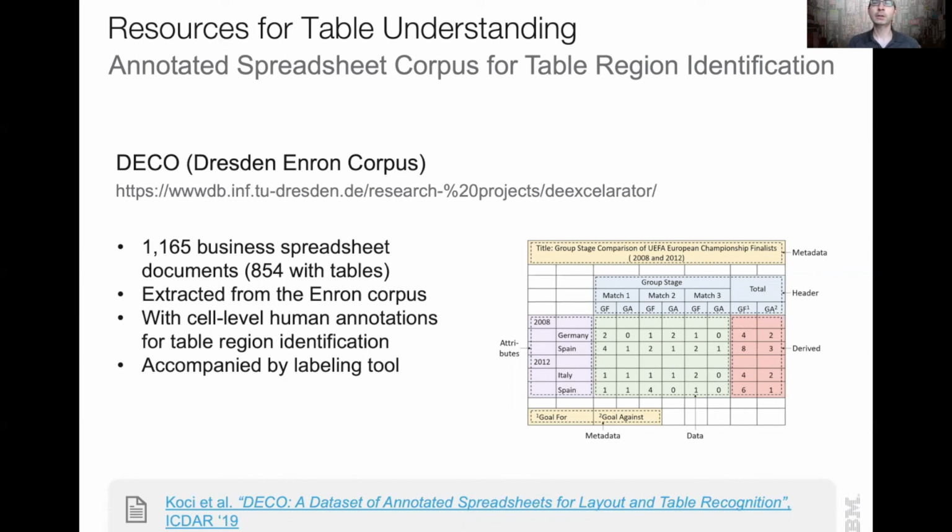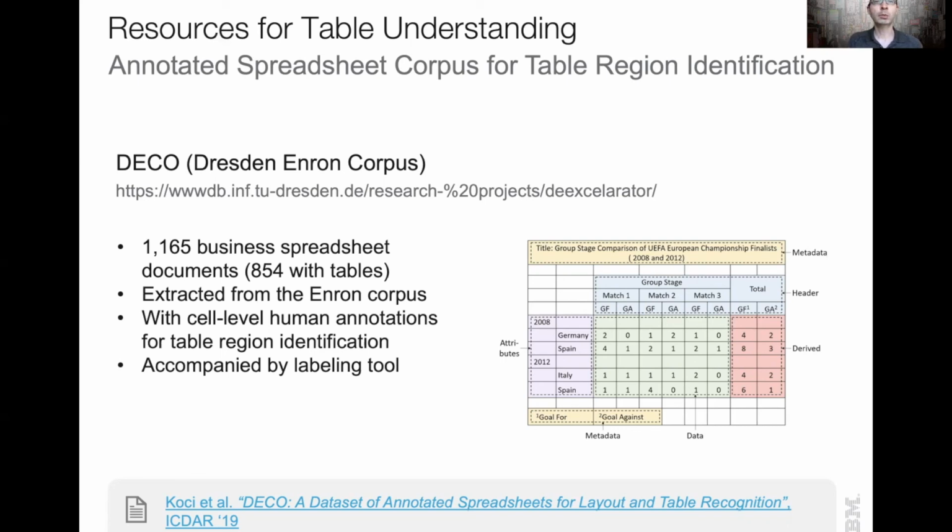The two main points here are that it contains human-level annotation, so it can be used as a gold standard, and that it contains business documents. I think this is a very nice counterpart of the web table corpora, and hopefully this will accelerate the work on processing tables beyond web tables.